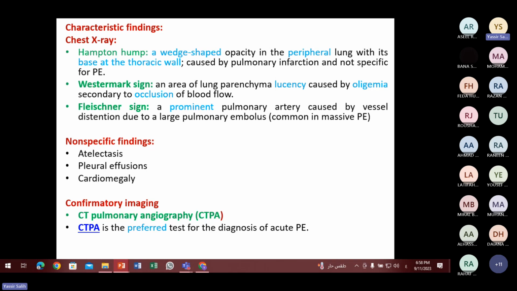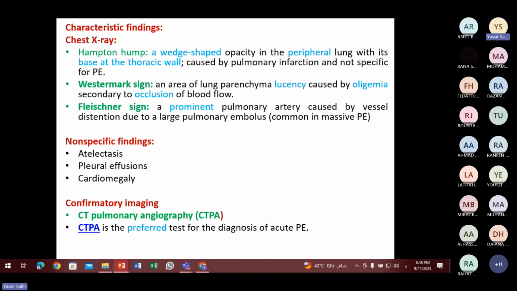Another sign is the Fleischner sign, which is due to pulmonary artery prominence, where the diameter of the pulmonary artery is more than normal. The Hump sign is the one we see most often, although it is not specific.